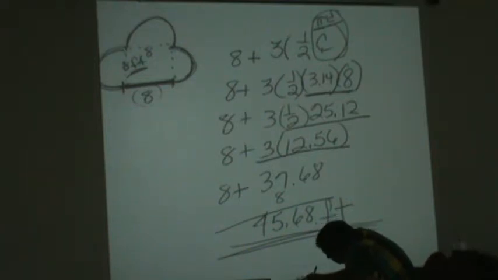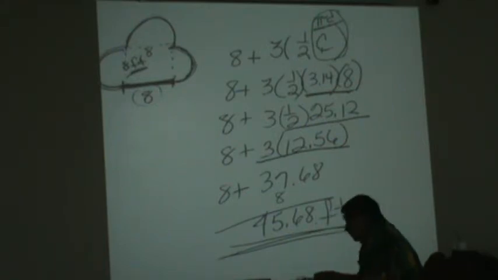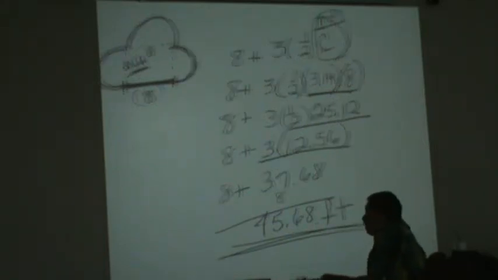Okay? The next one, I'm going to tell you what to do. We're not going to go through all the steps of solving it. I'll just tell you what numbers you need to do. Okay, we have, looks like an upside down ice cream cone. 4, 4, and 4.